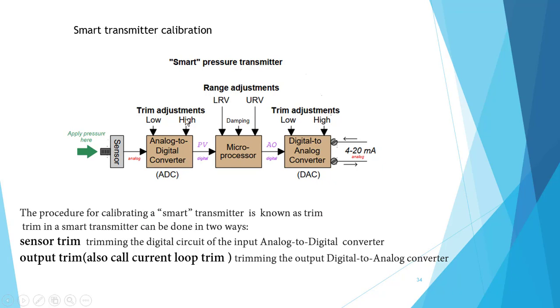First we have the sensor trim, then the output trim. Sensor trim is trimming the digital circuit of the input analog-to-digital converter. Output trim, also called current loop trim, is trimming the output digital-to-analog converter.